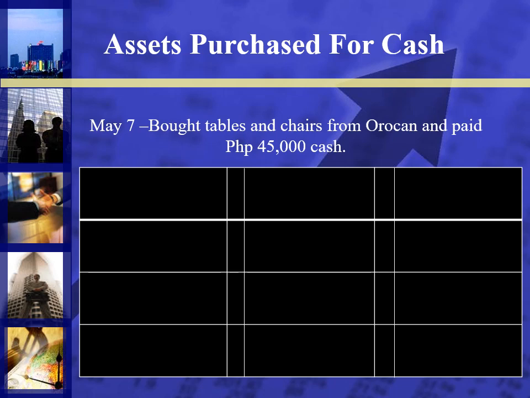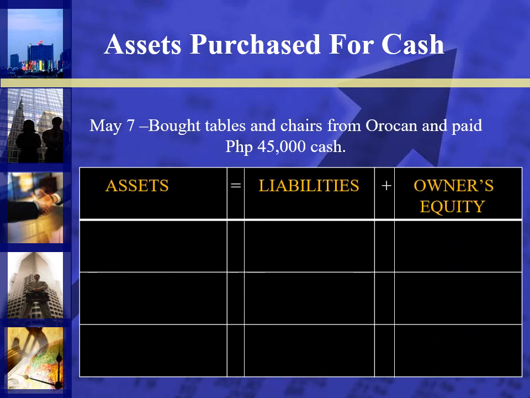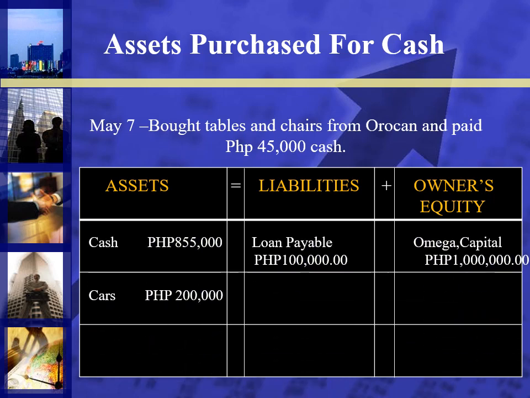Now how about we purchase assets for cash? Something that we want to put in the picture. May 7. Bought tables and chairs from Orocan and paid 45,000 cash. Again, we have the illustration. Assets equals liabilities plus owner's equity. So we have cash of 855,000, cars of 200,000, and loans payable of 100,000, Omega capital 1 million.